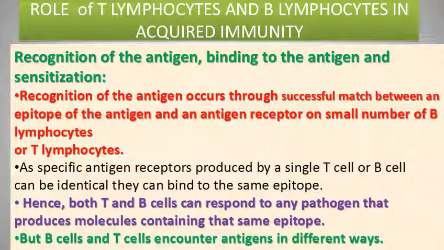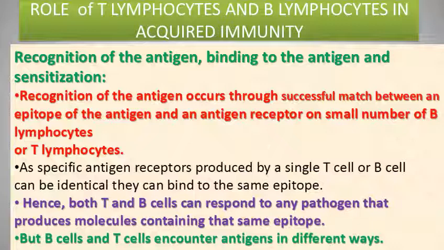So as specific antigen receptors produced by a single T cell or B cell can be identical, they can bind to the same epitope. Okay, so they can target the same epitope or the same antigen.